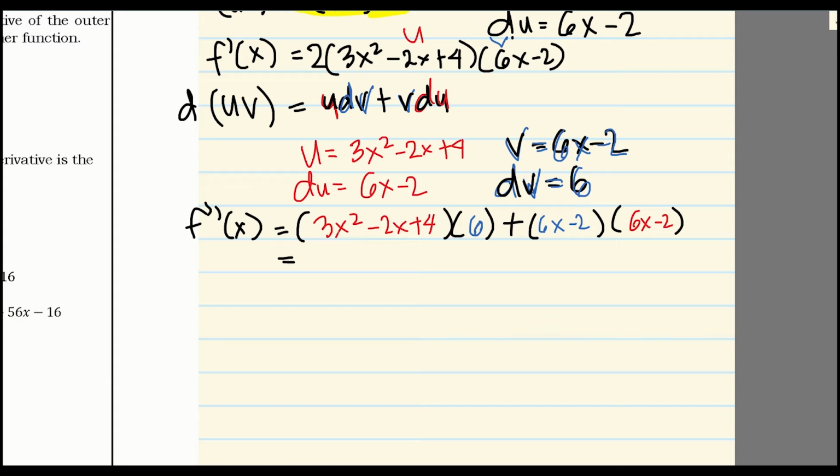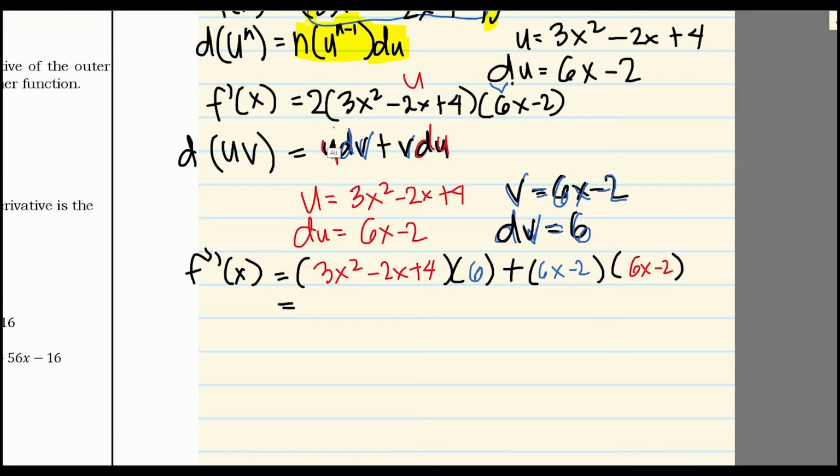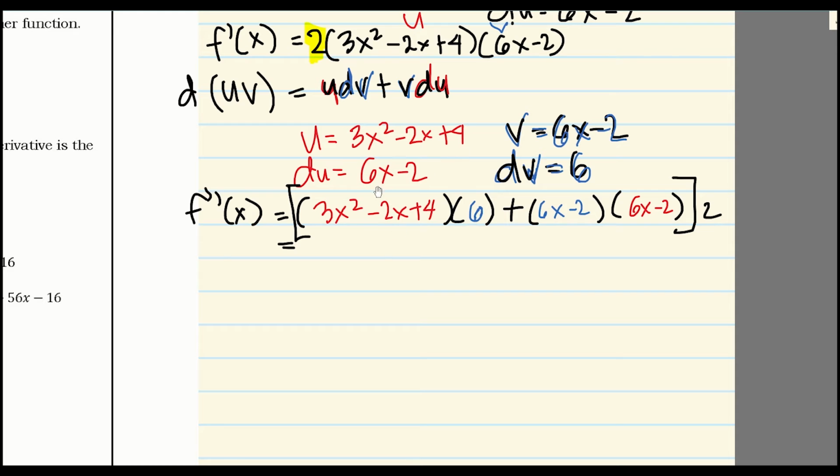Oh wait, we forgot one number. What is it? This one. So we multiply it all by 2. No problem with that because it is a constant. It is not part of the derivation, but it is still part of the function or the equation.